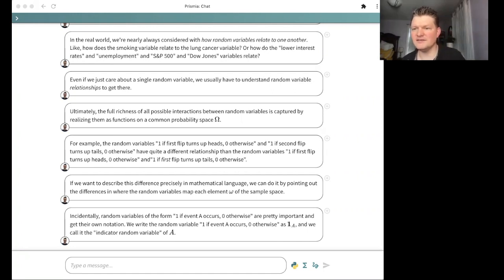Like an event is something where we can say, okay, for this little omega, it didn't occur, that's a 0. For this other little omega, it did occur, so that's a 1. You can think of the event and the indicator random variable as totally interchangeable. It's just a question of whether you realize it mathematically as a subset or as a binary function on the sample space.